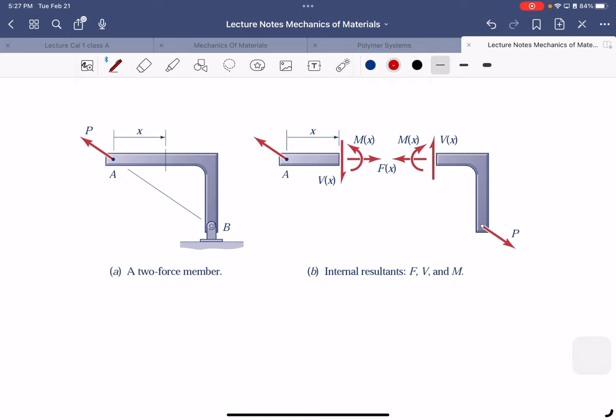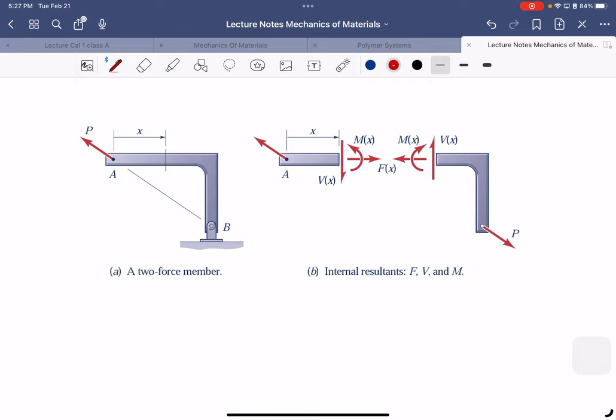When you cut paper, you're shearing the paper, so it's like the shape of a scissor, V. And then the moment here. This is the first body. The other one we can also draw the opposite on the other side here.